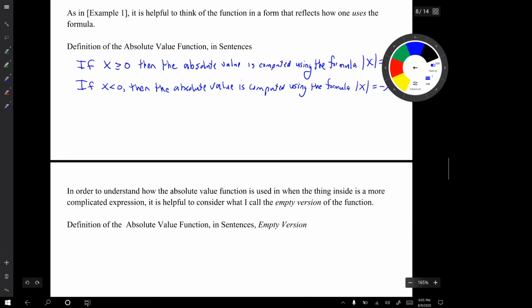Now, to understand how the absolute value function is used when the thing inside is a more complicated expression, it's helpful to consider what I would call the empty version of the function.